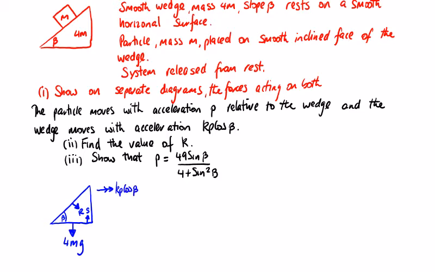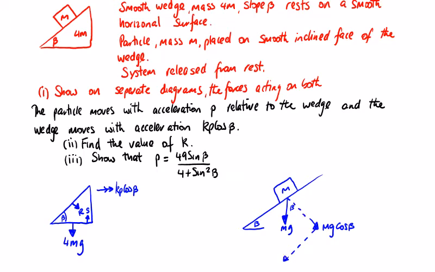My particle m, so I have mg going directly down, I have beta here, and adjacent to beta, mg cos beta, and I should give that a dotted line to be consistent.